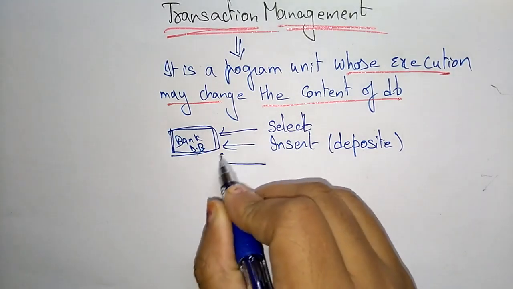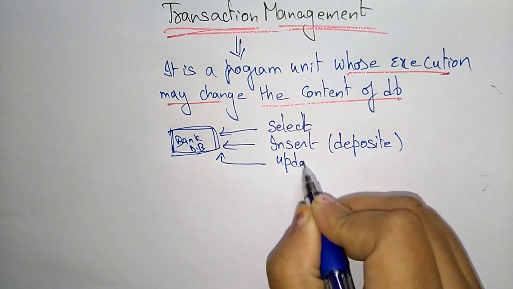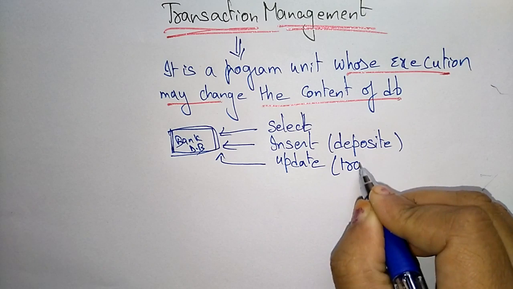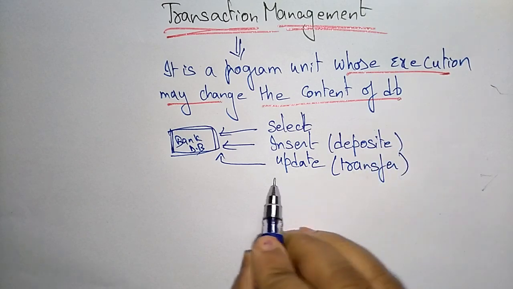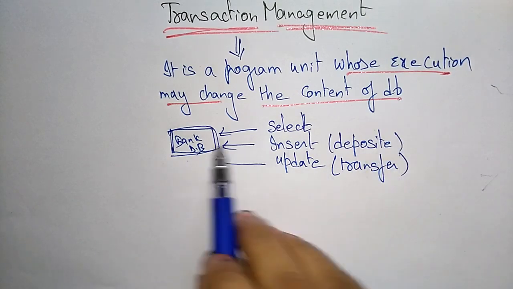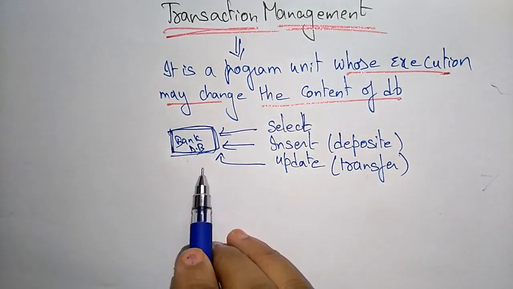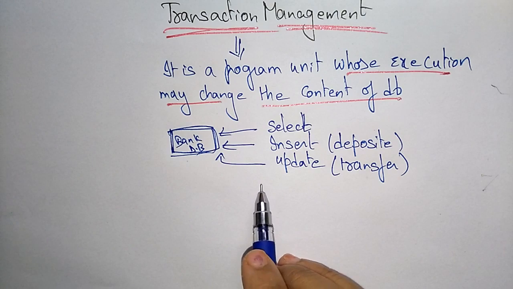Suppose you update, you are transferring the data from one account to another account. Here also, whose execution may change the content of database. The database content is changing, so that you call it as a transaction.